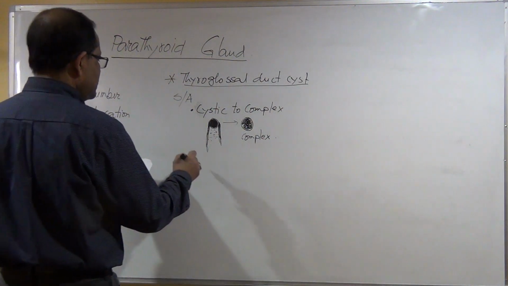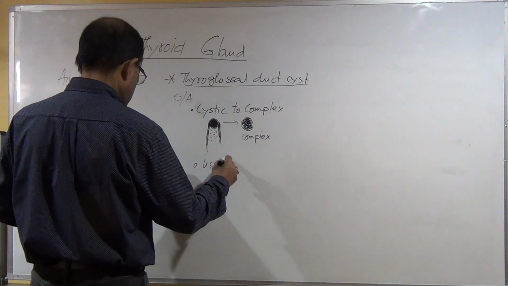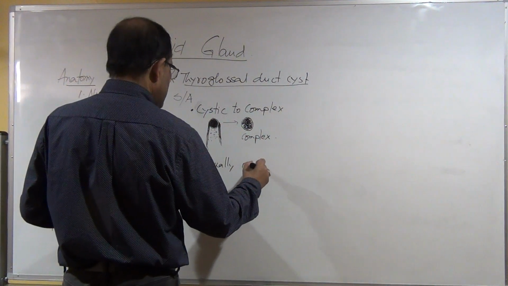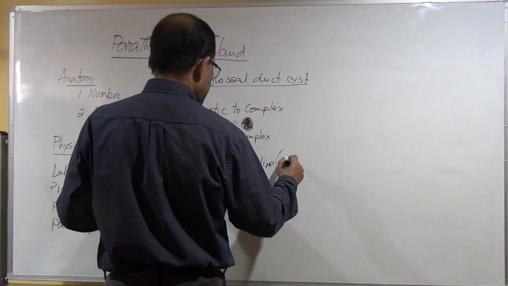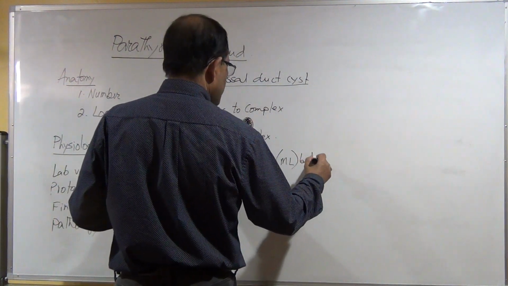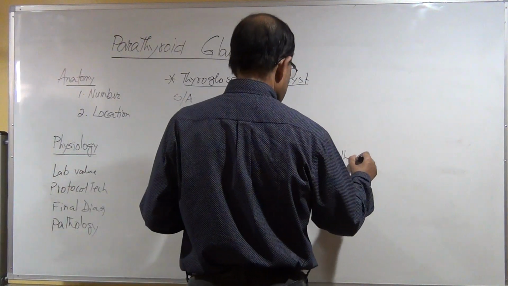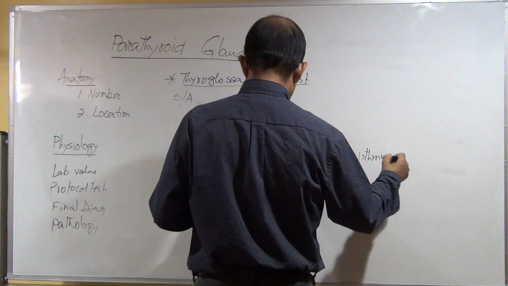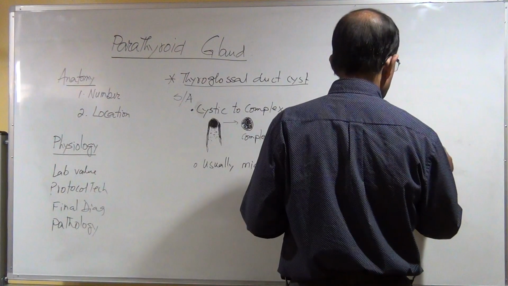Usually midline, between the isthmus and the hyoid bone.